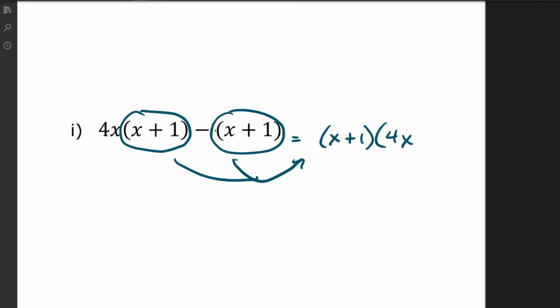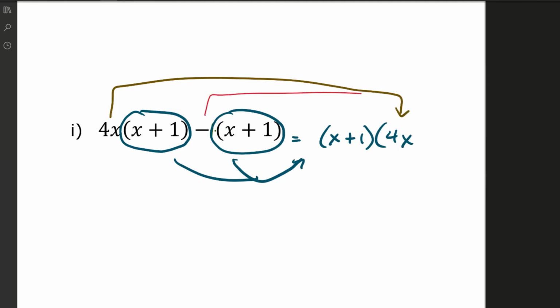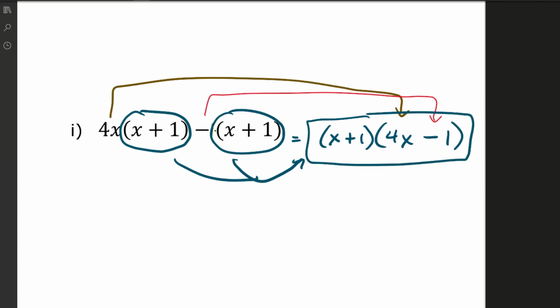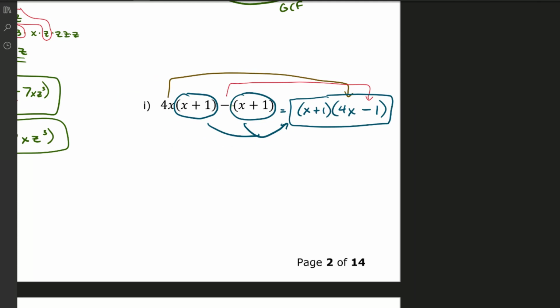So here's that 4x right there coming over. And then we have a minus sign that needs to come over, so I'm just going to drop it right here in the middle. Okay. And then there's a 1. So minus, when you factor all of something out, there'll be a 1 left behind right there, minus 1. Okay. That will be how you factor something that looks a little different.